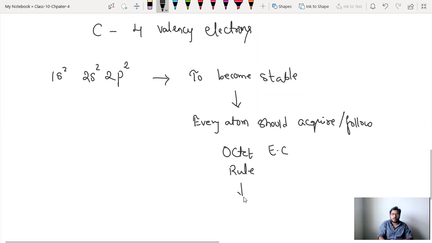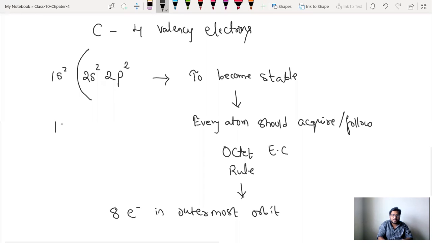What is octet rule? 8 electrons in outermost orbit. So if they ask you what is meant by octet rule, you have to say 8 electrons in outermost orbit. If you see this carbon, this is outermost orbit, isn't it? 2s2, 2p2. How many electrons it has? 4. Still it need 4.